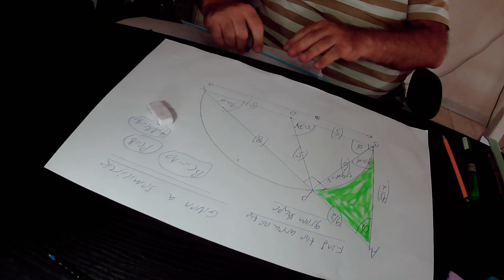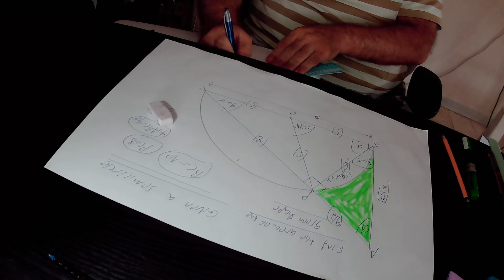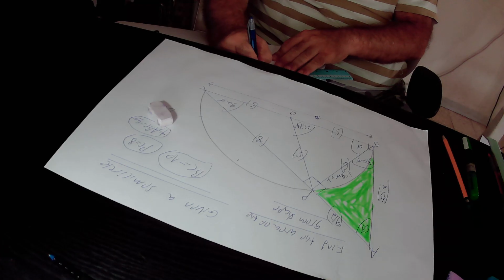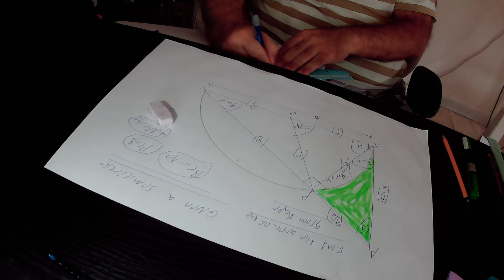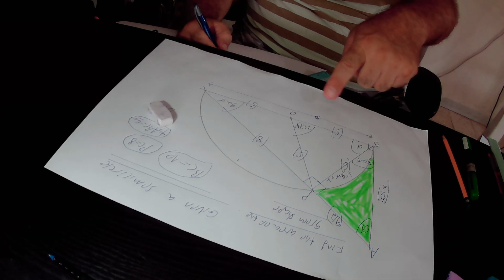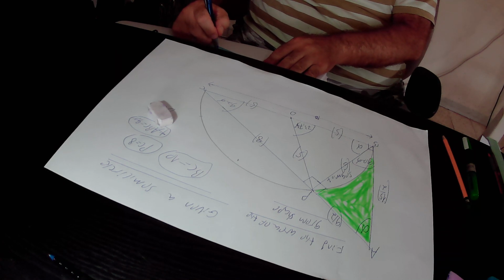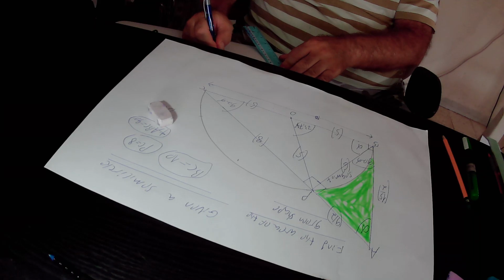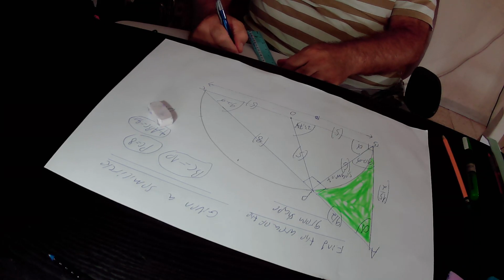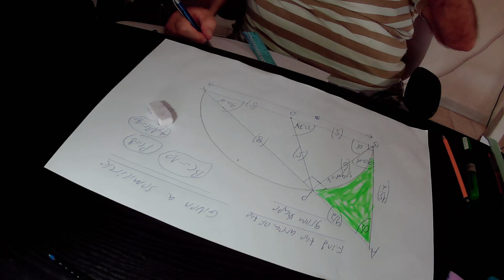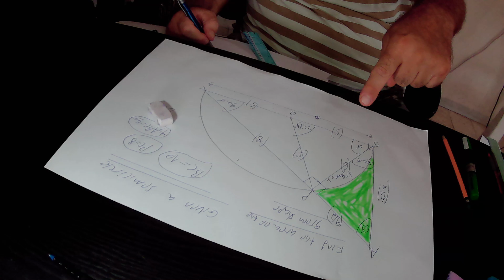From the drawing, it is very easy to see that the area of segment BP is equal to the area of sector BOP minus the area of triangle BPO.